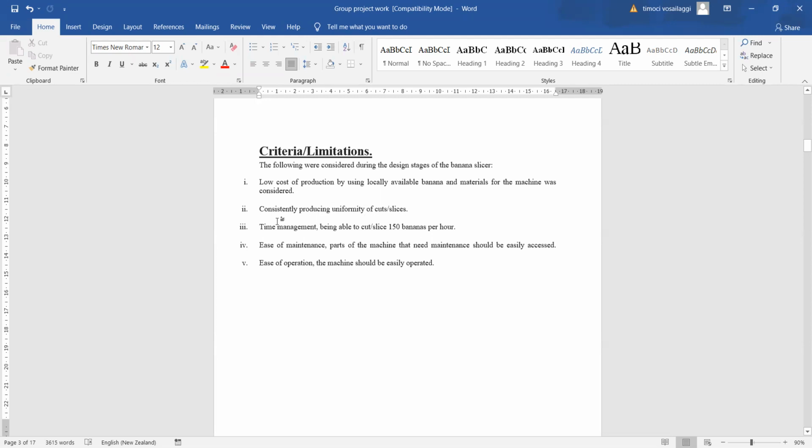So you could restructure this sentence as the design must be able to uniformly cut bananas into equal sizes. Just rephrase it so that it's easier for us to understand.